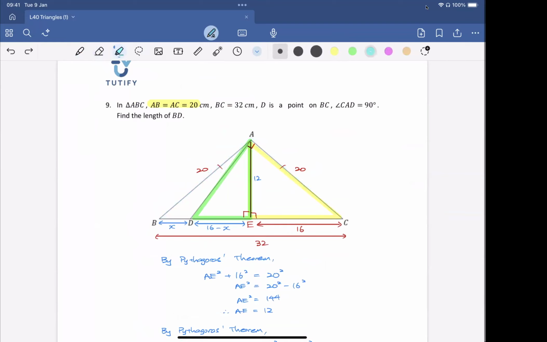Right angle here is, they say that it is angle CAD, right? So let's look at the entire triangle. This one, the blue triangle here, CAD. This triangle here. All right? That means AD squared plus 20 squared equals to 32 minus x. This is 32 minus x squared.